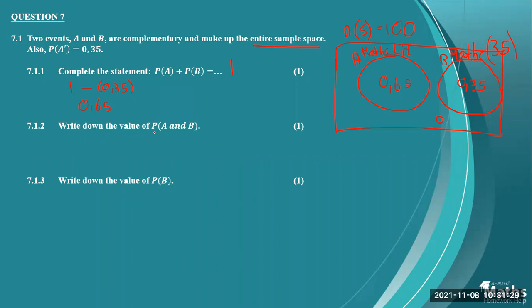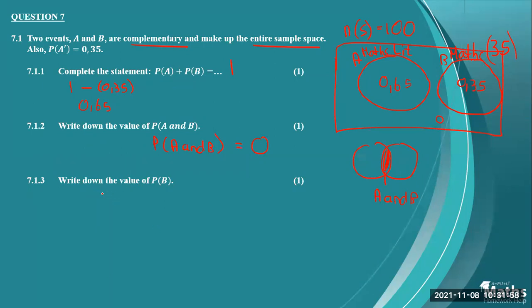Write down the value of A and B. Now, because it's complementary, there's nothing that overlaps. So when it's like this, this part will be A and B. So write down this value for A and B. The value of A and B is equal to 0 because there's nothing.